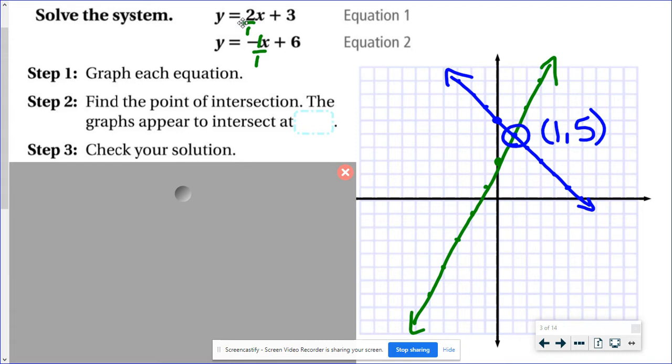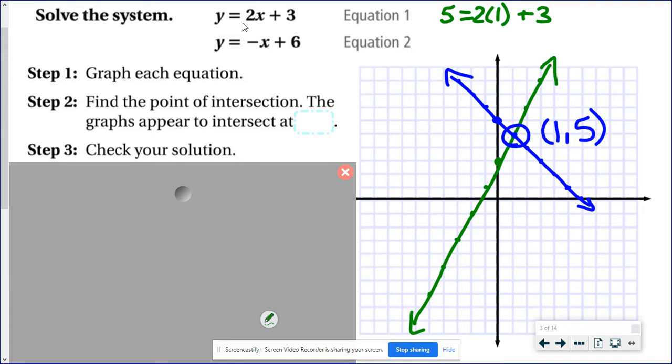Now, I can see it on the graph. I could also substitute that ordered pair, the x and the y, into my original equations. So when I substitute it into the first equation, the y is a 5 equals 2 times 1 plus 3. 2 times 1 is 2 plus 3 is 5.